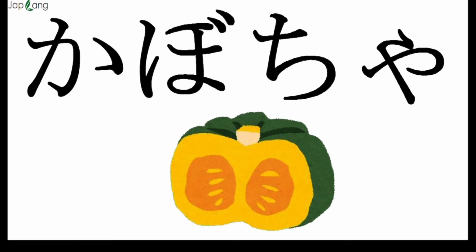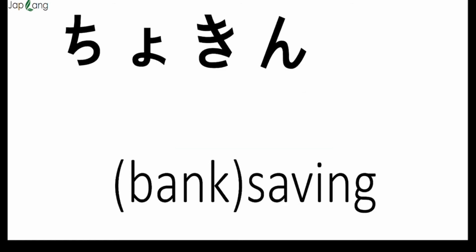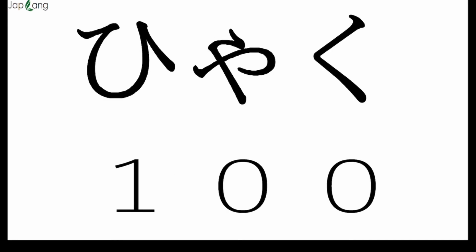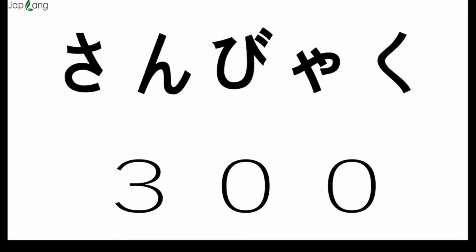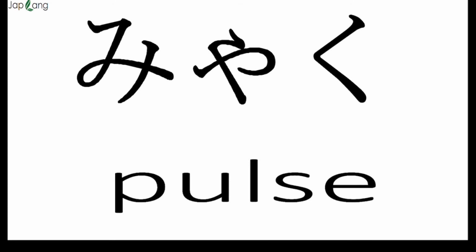Kabocha. It's a pumpkin. This is cho. Kin is bank savings. Hyaku would be 100. Sanbyaku is 300. Myaku is pulse.